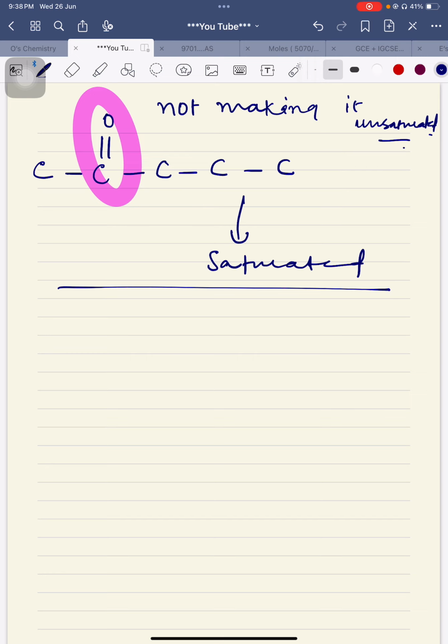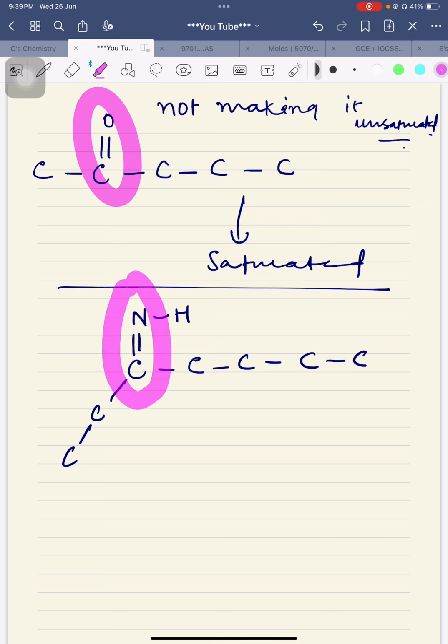Now for example, a compound like this is there, and this is C and C and C, and this is C and C. Now there is a double covalent bond, but that double covalent bond is between carbon and nitrogen. That's why we are going to consider it a saturated hydrocarbon.